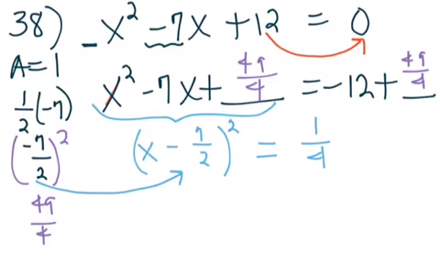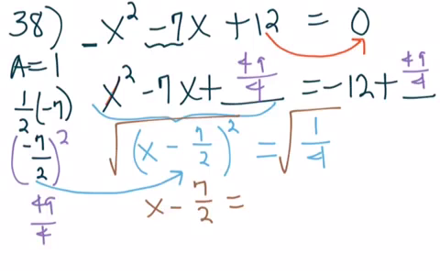Now we're ready to do the square root property, which says take the square root of both sides. So we have x minus 7/2. We wrote the square root, so it's plus or minus. Square root of 1 is 1. Square root of 4 is 2. Add 7/2 to both sides.